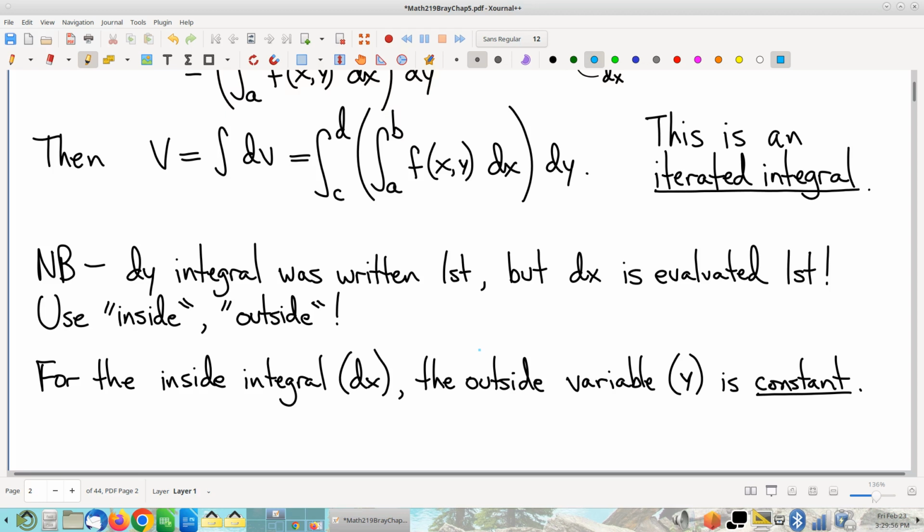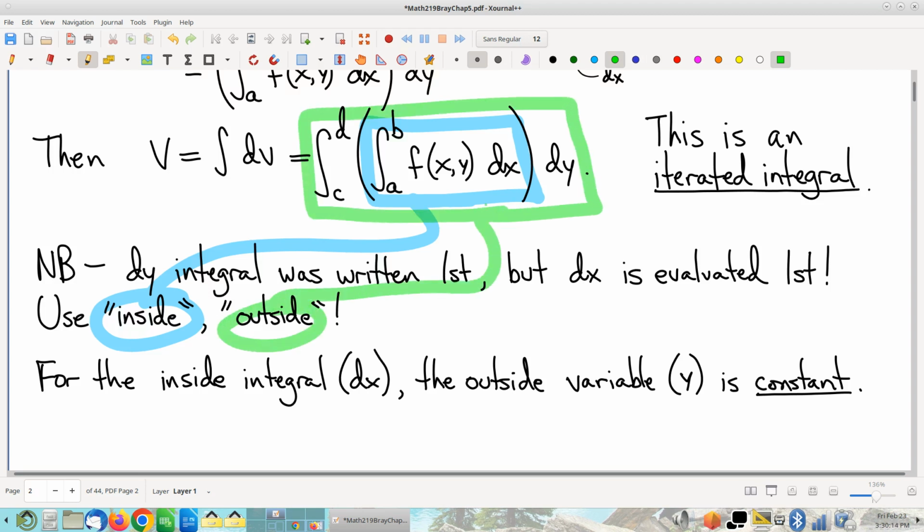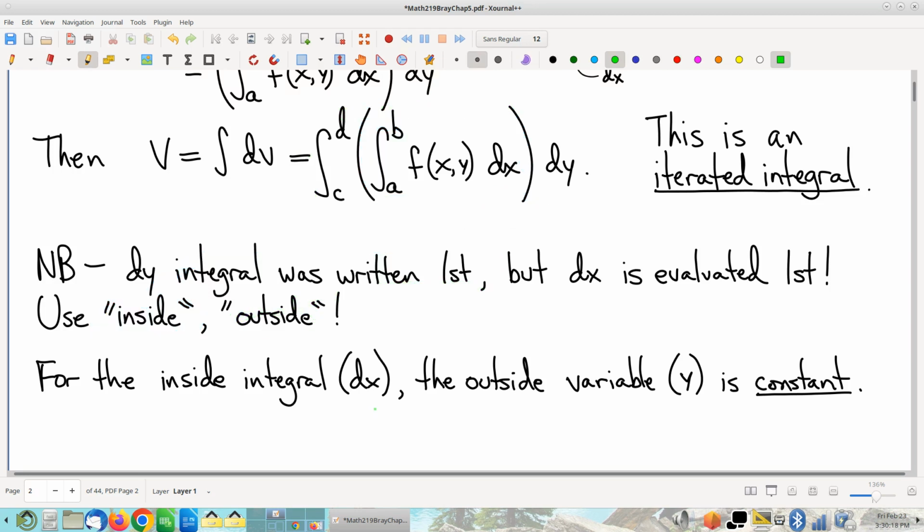But all of this is completely unnecessary because much easier, much clearer, dx is on the inside. There's no ambiguity as to what that means. And dy is on the outside. Again, unambiguous. Okay, so please do be careful about the terminology.